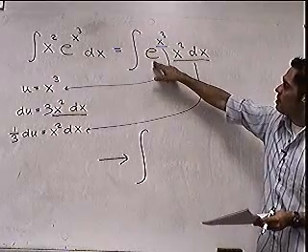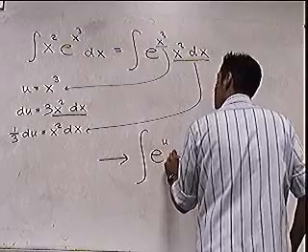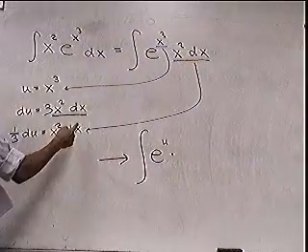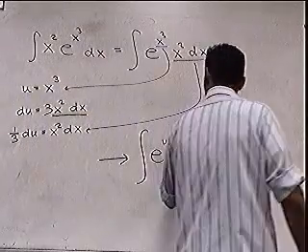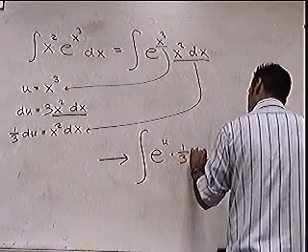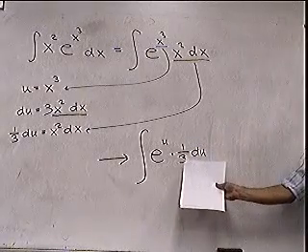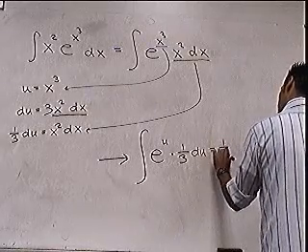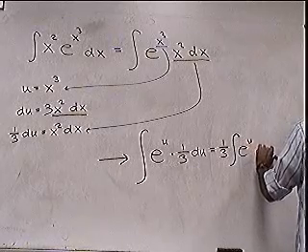So I write e to the u times, because that's multiplication, x squared dx is what? 1/3 du. So I put my 1/3 here, du. And we said last class that constants can come outside. So 1/3 integral e to the u du.